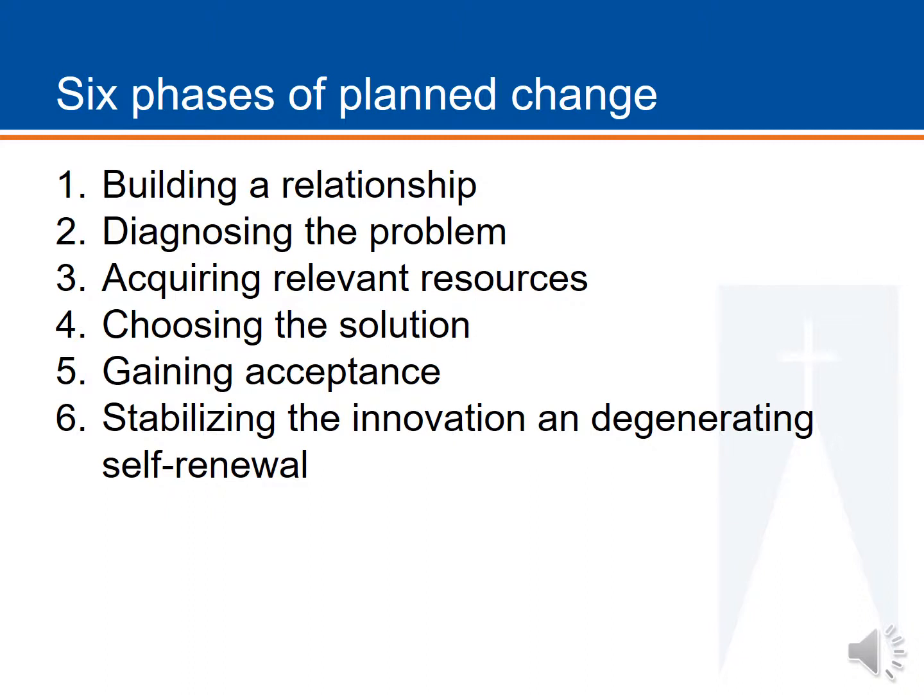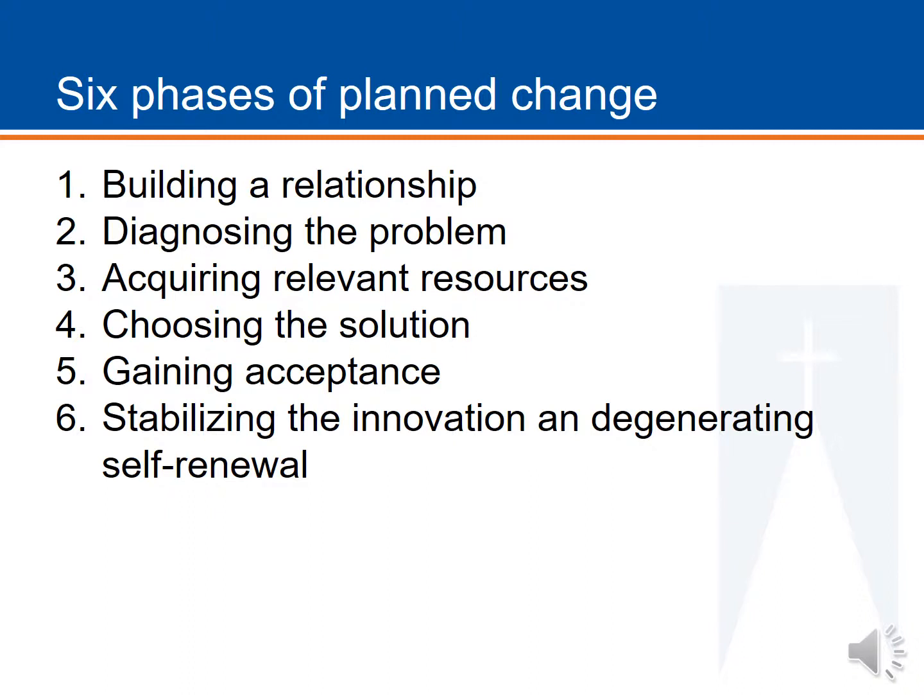So the first step in this one is to build a relationship. So you really have to form some relationships to get the information that you need. Diagnosing the problem. And then of course, number 3 in this one looks at resources. So what are the relevant resources? And that may involve money, it may involve support from administration, and a variety of other things.